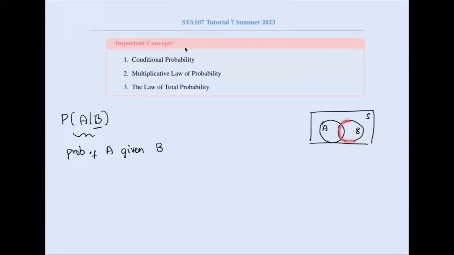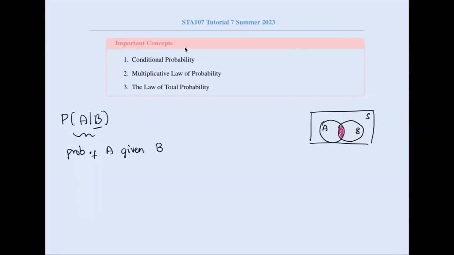So B happens means that we only care about this circle. We don't care about anything outside the circle. And inside the circle, where does A happen? A happens in this part, right? Because this part here is not A. So A happens means this area.